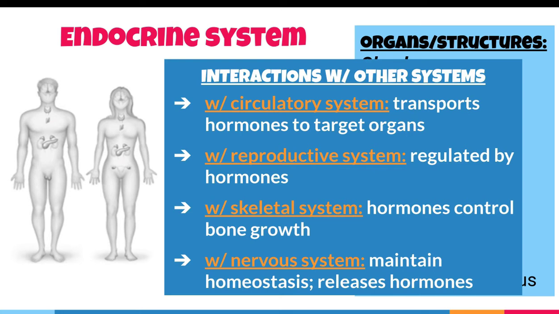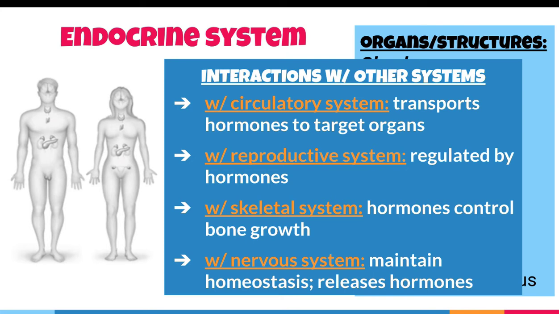This system interacts with most systems. The first and main one is the circulatory system, and the circulatory system transports or moves these hormones to where they need to go. The reproductive system is regulated or controlled by these hormones. So the cycles that our reproductive system goes through are regulated or controlled by the individual hormones.